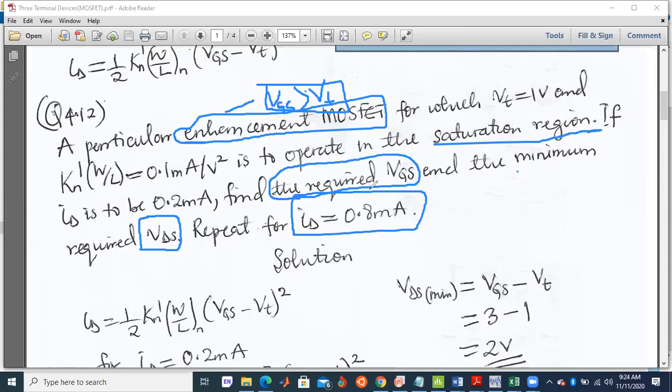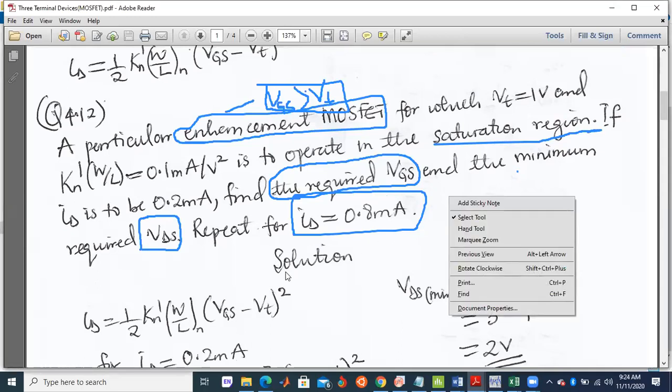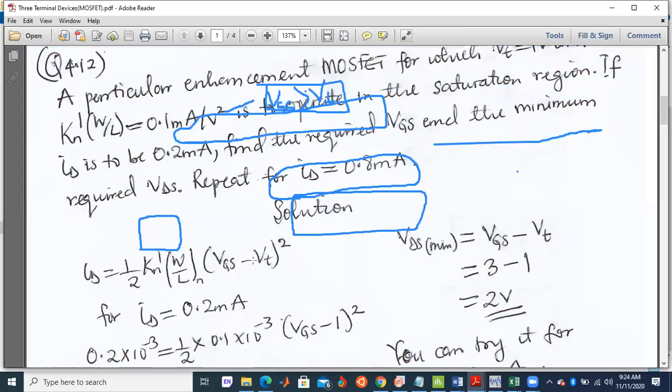Okay. Now from the question, they said saturation region. In that case, you use this formula. You know your ID is given to be 0.2, and you know Kn prime W over L to be 0.1 milli.